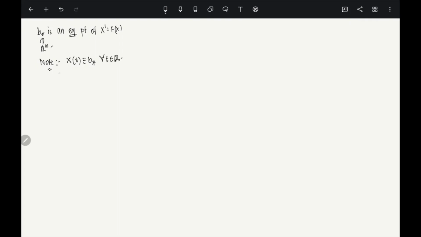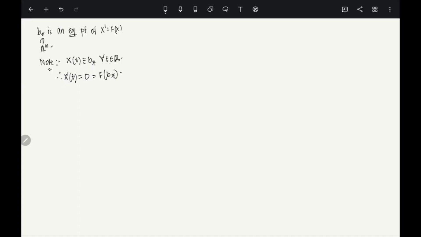Now, you see what happens to x prime of t. Therefore, x prime of t is going to be 0, since it is constant, B star. So that is 0, which is nothing but f of B star, right? So if B star is an equilibrium point, then B star as a point is an equilibrium point, but if you think of it as a function, it's just a constant function, and that also solves the equation.